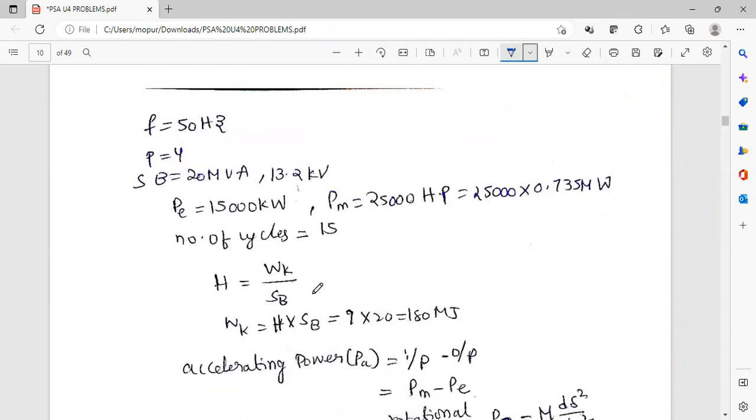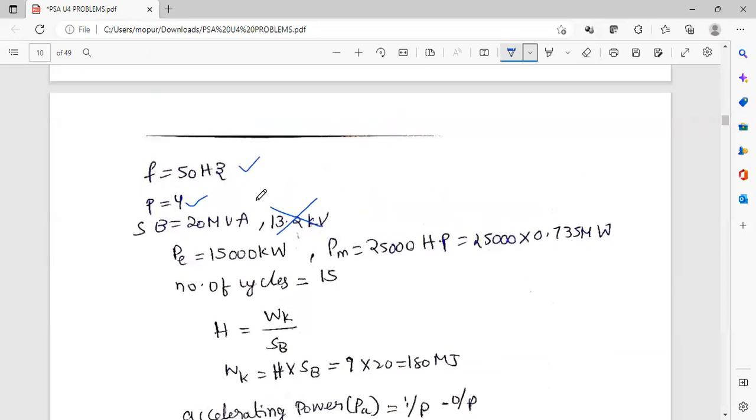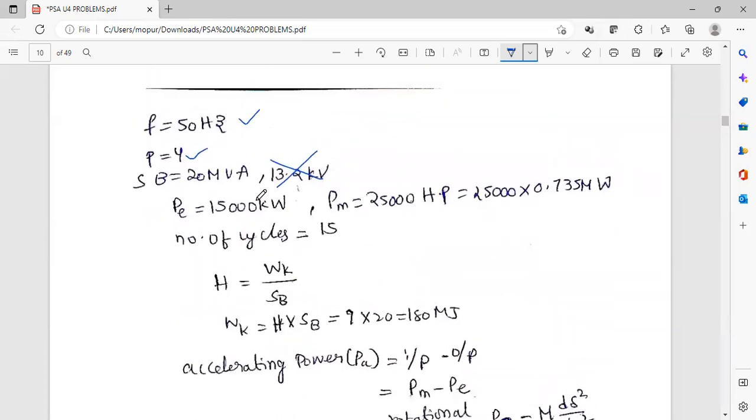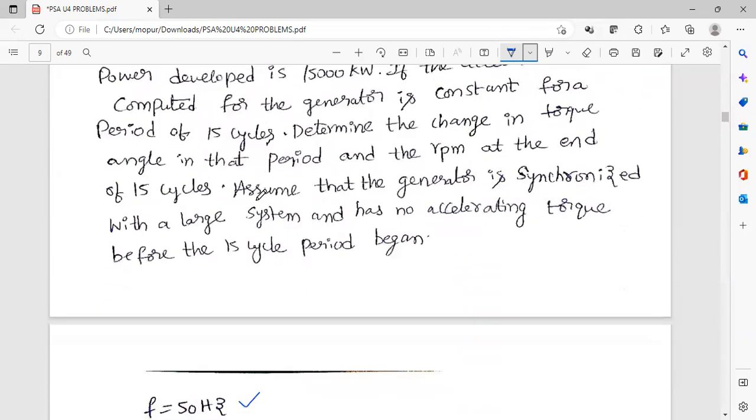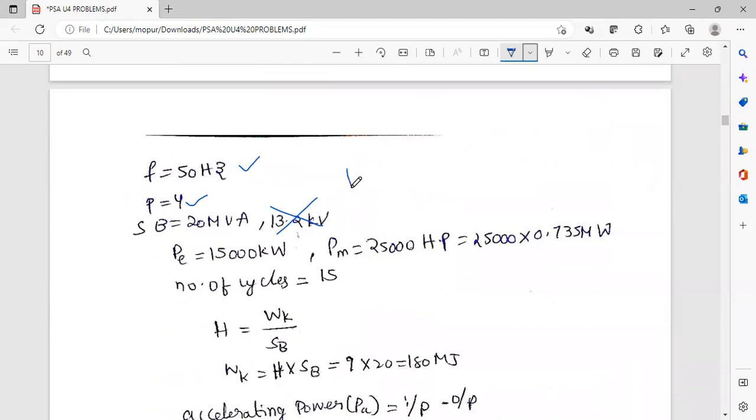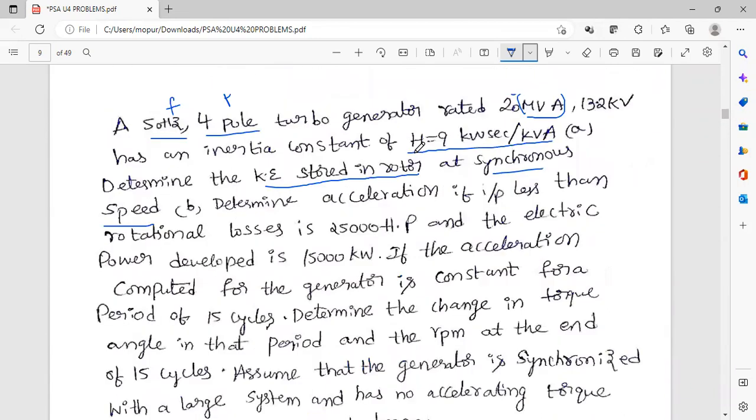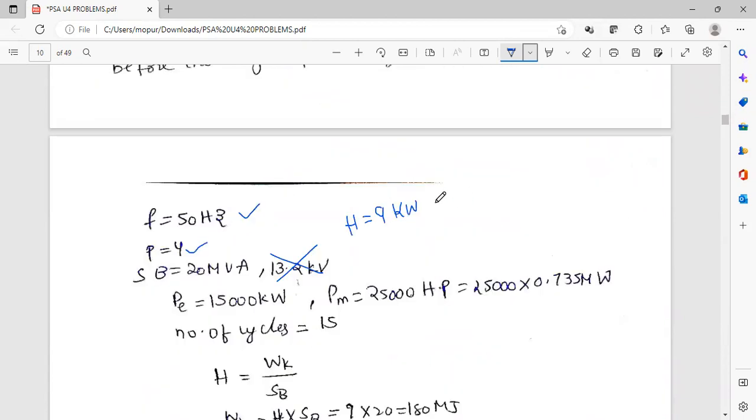So what is WK? They have given the frequency and the number of poles. This is not required. And they have given the base power, and they have given the inertia constant H is 9 kilowatt second per kVA.